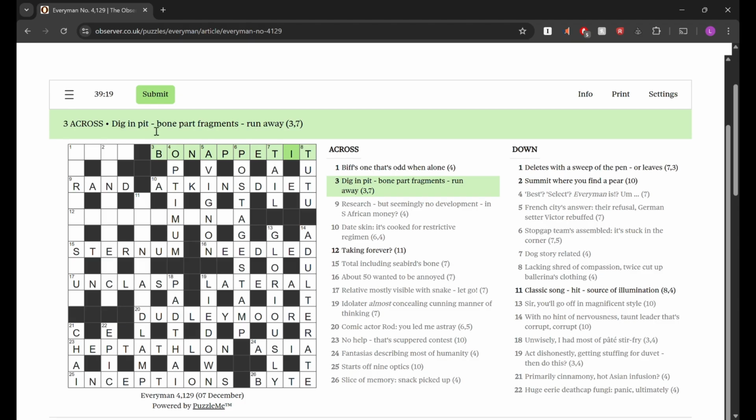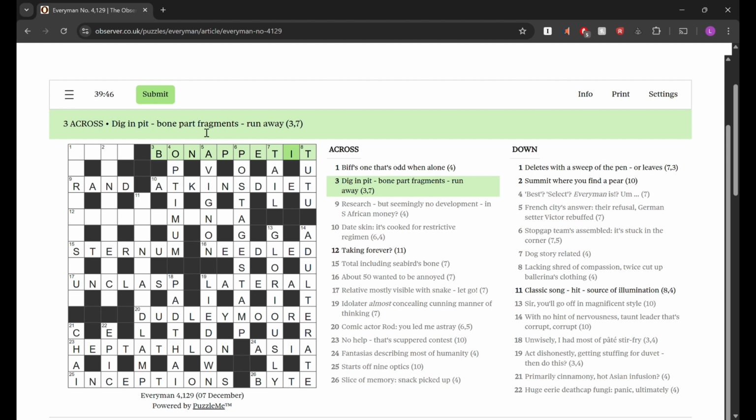So just the bone part, just the first three letters, and then we've got pit. We've got the run away, like split or something.